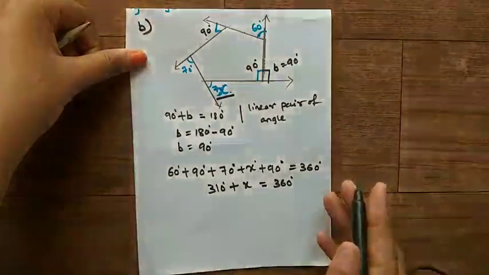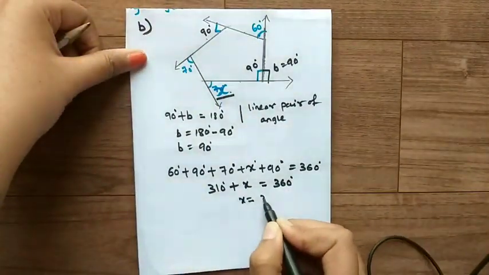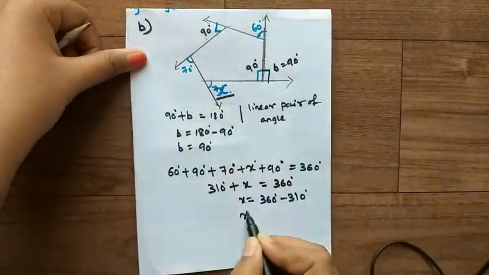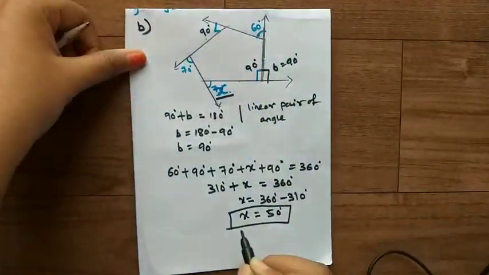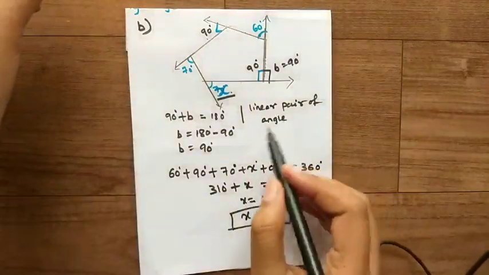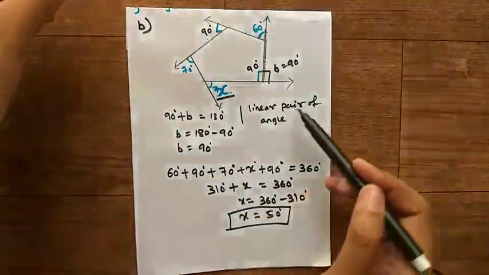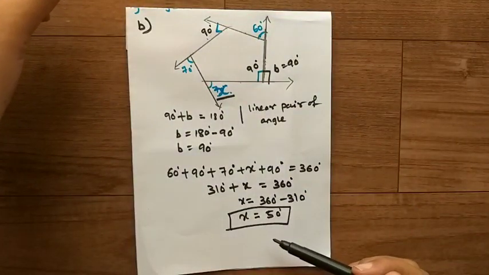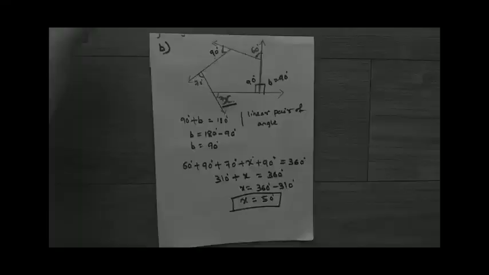So take this to the right hand side, so x is equal to 360 degrees minus 310 degrees. x is equal to 50 degrees. This is our solution. Here I am applying the formula: the sum of the exterior angles is equal to 360 degrees. Here we have applied two steps: the linear pair of angles, and one more, the sum of the exterior angles of any polygon is 360 degrees. This completes the solution.